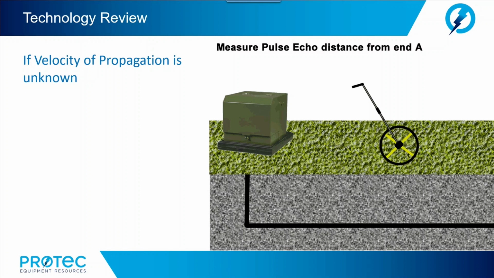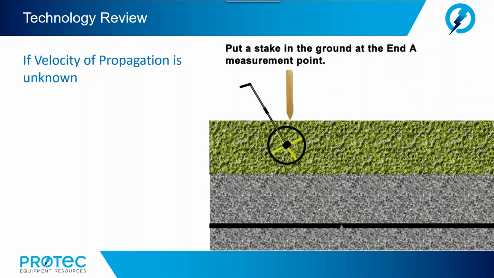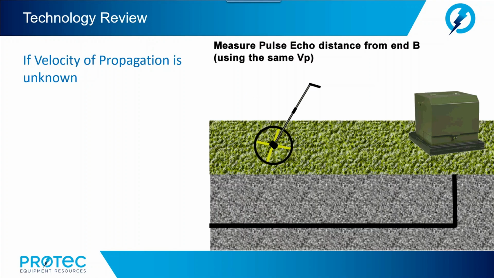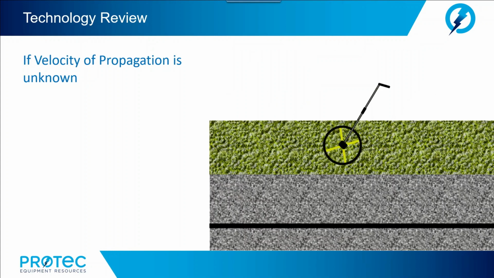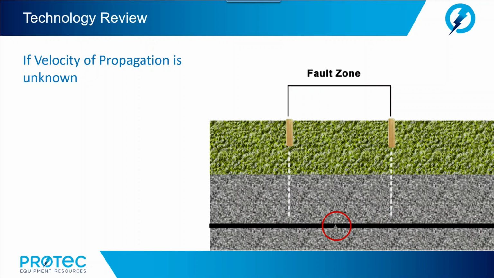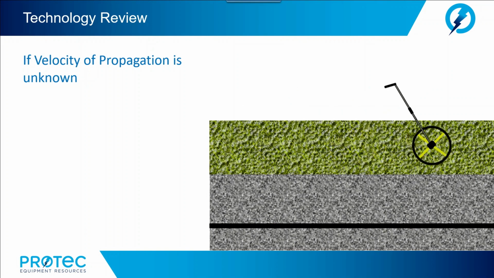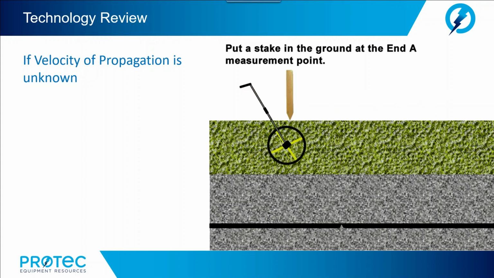Now, if neither the velocity or length of the cable is known, an accurate locate can be accomplished by simply measuring the distance to the fault from both ends of the cable. The trick is, whatever velocity we use, we use the same velocity while measuring from the near end and from the far end. If an error exists in the velocity setting, the TDR will either overmeasure or undermeasure from both ends of the cable.